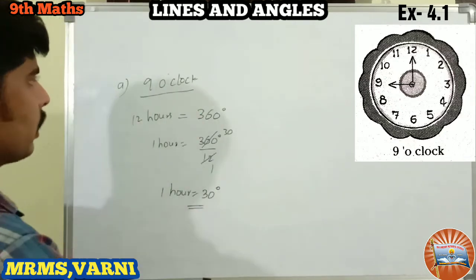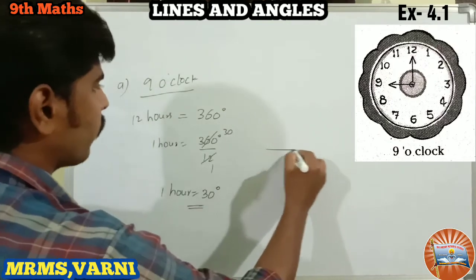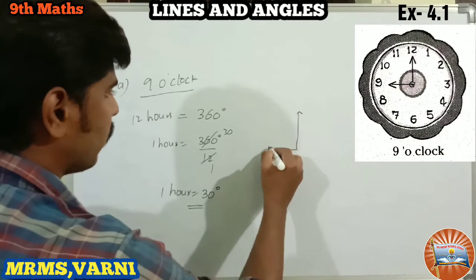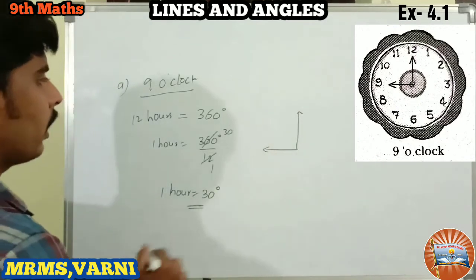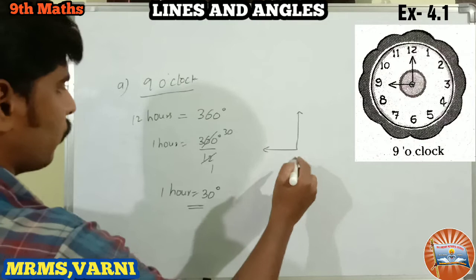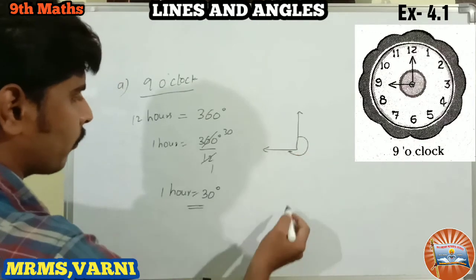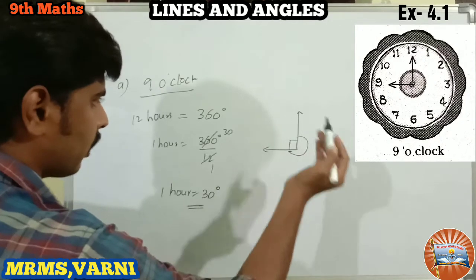At 9 o'clock, if you observe carefully, the arms will be like this. If you consider this side, you will get one angle; if you consider the other side, you will get another angle.